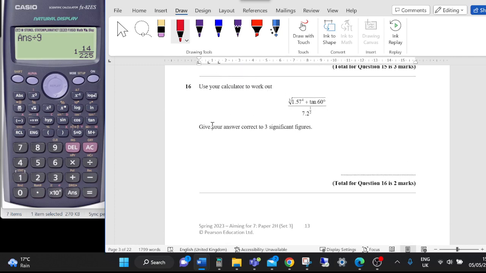Use your calculator to work out, giving your answer correct to 3 significant figures. With these modern calculators, we can type it in just like that. So we're going for the cube root, so shift, and then my cube root button.